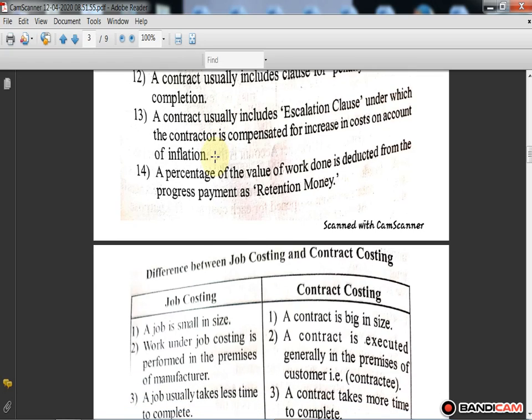13. A contract usually includes an escalation clause under which the contractor is compensated for increase in cost on account of inflation.